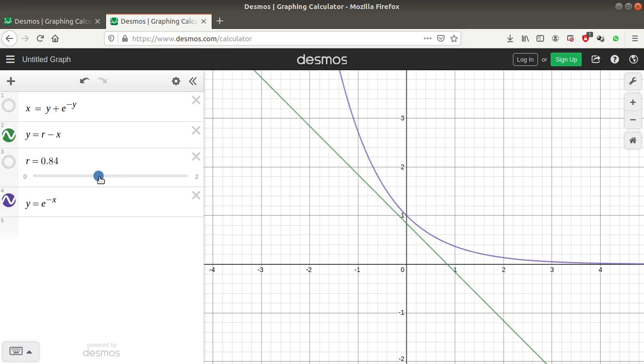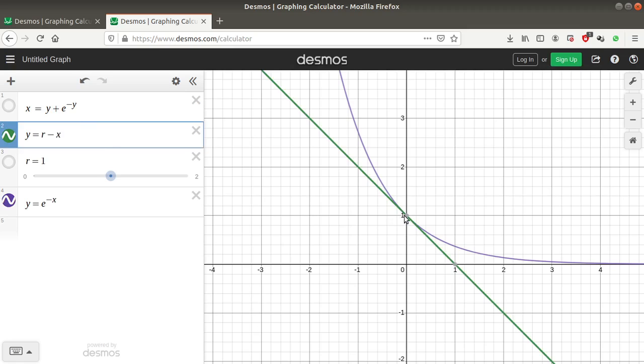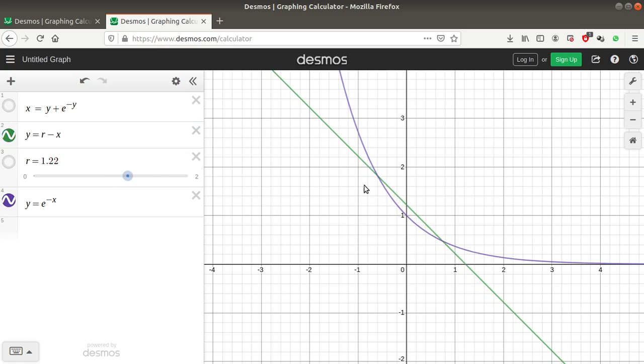When r is equal to 1, there is an intersection. If I keep on increasing, I get two intersections, one at this point and another at this point.